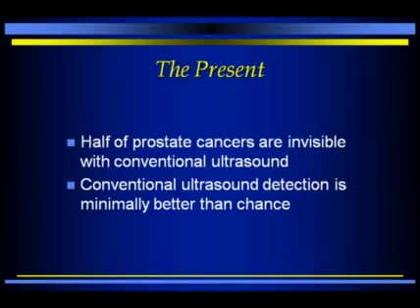At the present, to summarize imaging of prostate cancer, half of prostate cancers are invisible with conventional grayscale imaging, with conventional color and power Doppler. And in fact, if you look at it, conventional ultrasound detection of prostate cancer is probably minimally better than chance. And so that's why most people who do prostate biopsies now do systematic biopsies where they spatially distribute the biopsy cores all around the prostate to try not to miss something.